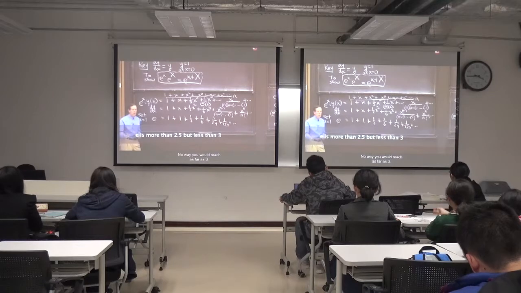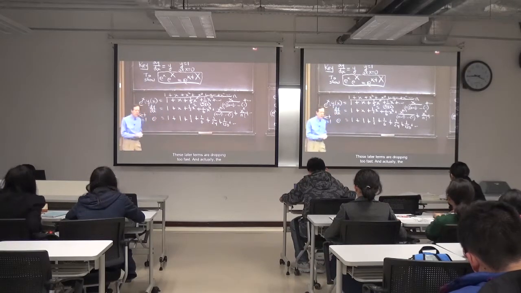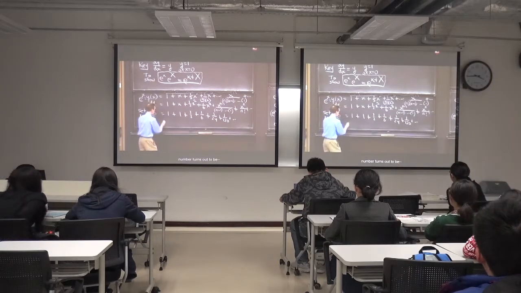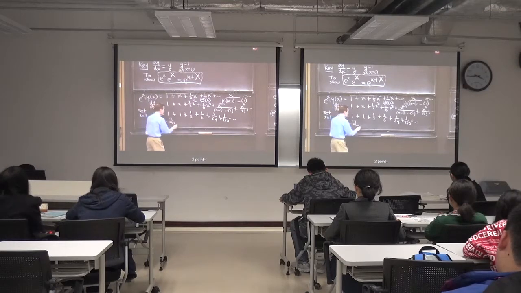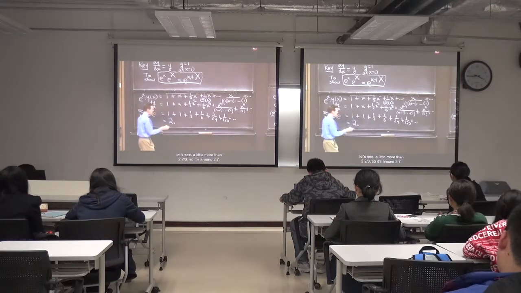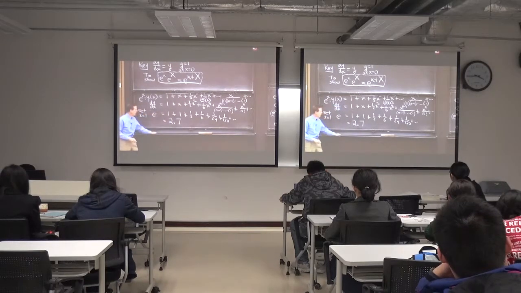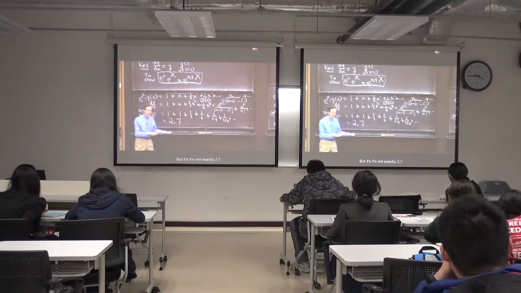No way you would reach as far as 3. These later terms are dropping too fast. And actually, the number turns out to be 2 point something, a little more than 2 2/3, so it's around 2.7. But it's not exactly 2.7.